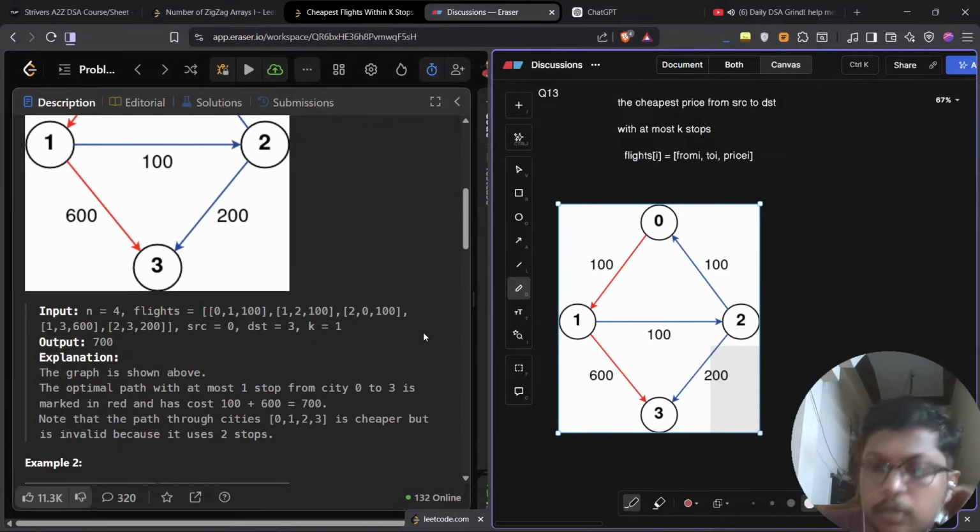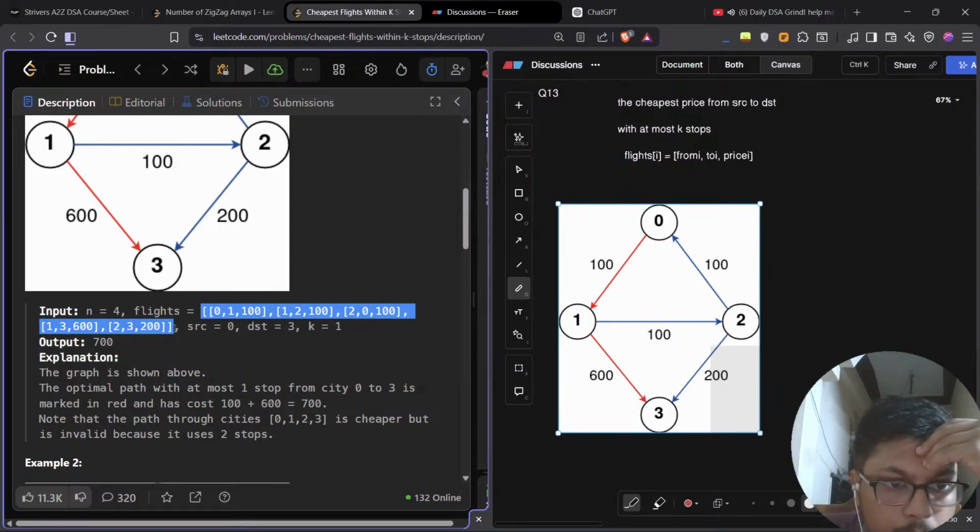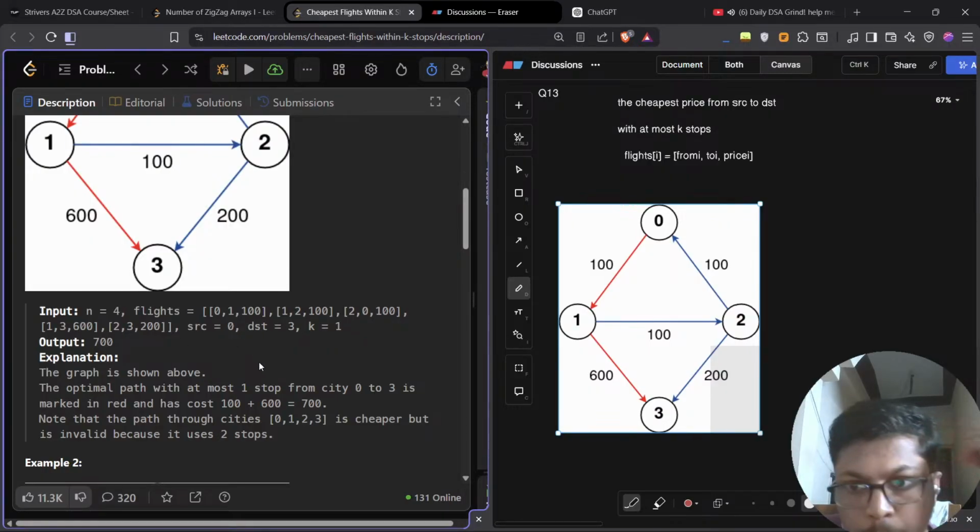Now the question is how we figure out that colored part. We are going from 0 to 1 with cost 100, then 1 to 2, and if you go to 0, 1 to 3.